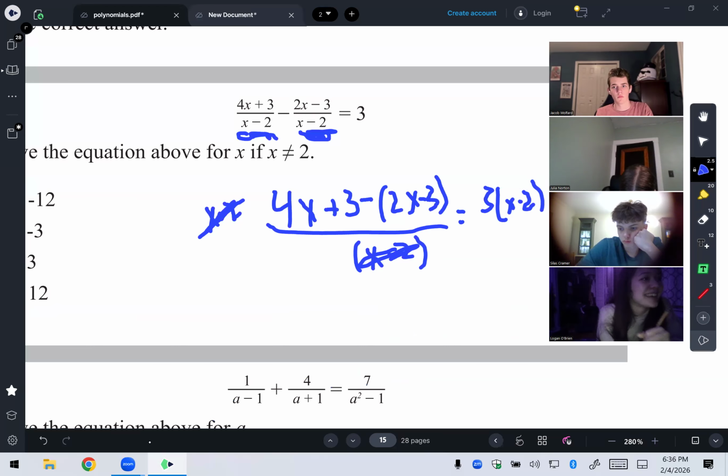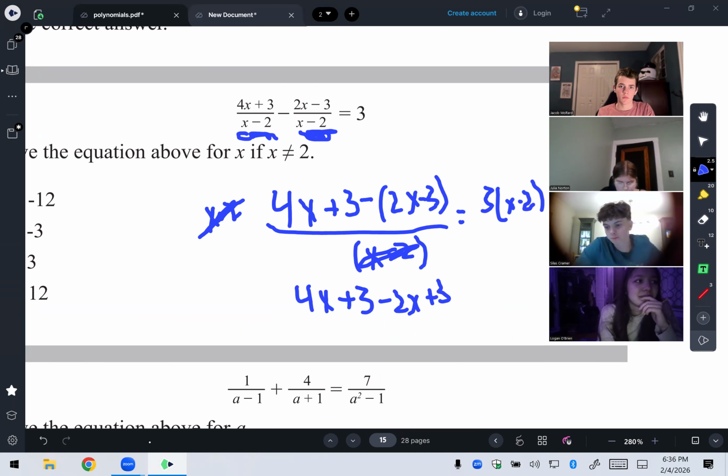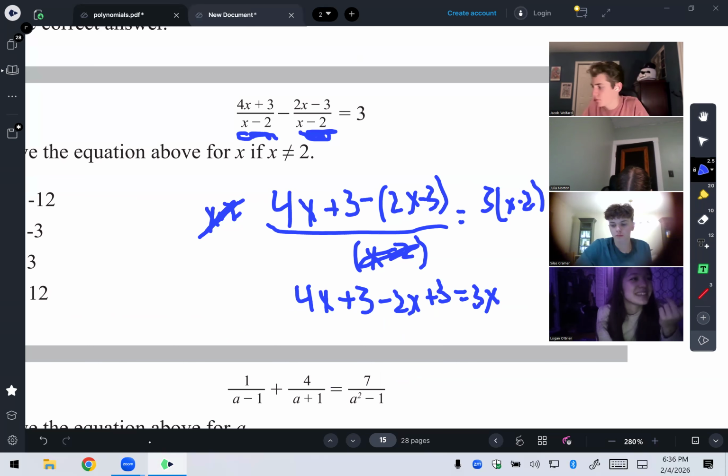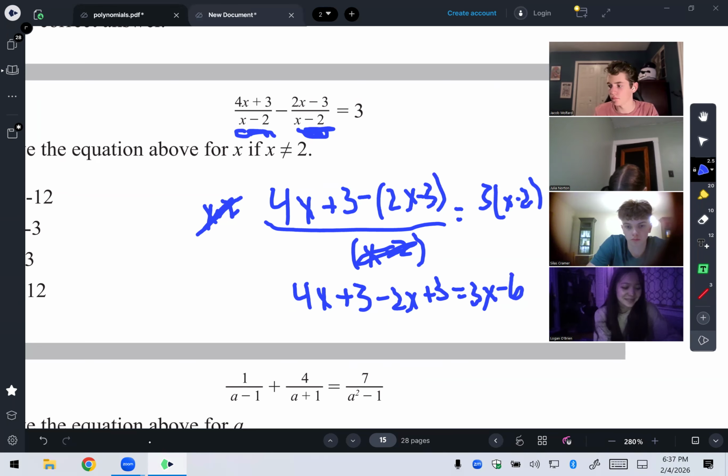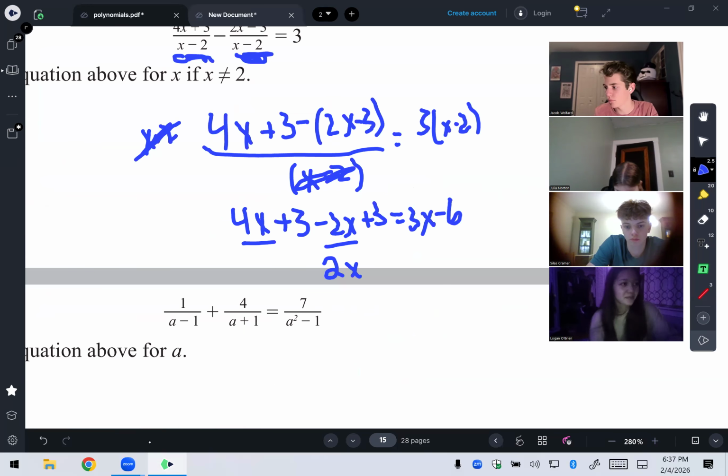So that'll give us 4x plus 3 minus 2x plus 3 equals 3x minus 6, right? I do all my like terms first typically. So 4x minus 2x, that's going to be 2x plus 6 equals 3x minus 6.